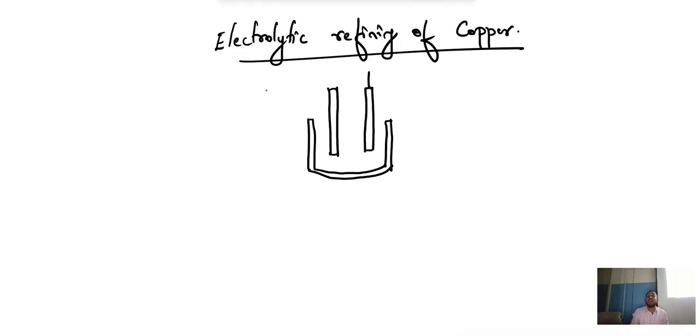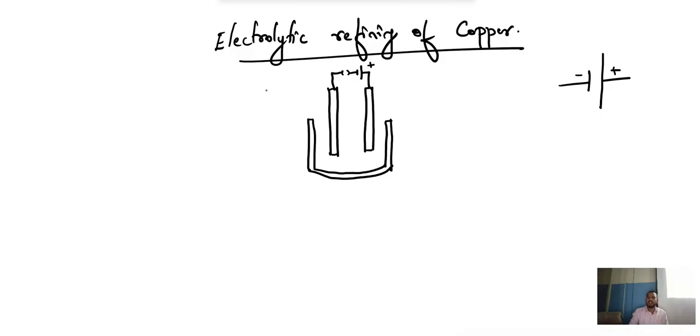Always positive is anode. Negative is cathode. Right hand side is our positive terminal, and this is the negative terminal. We have connected a switch and connected to the negative terminal. Always remember, the bigger line indicates the positive terminal and the shorter line indicates the negative terminal.